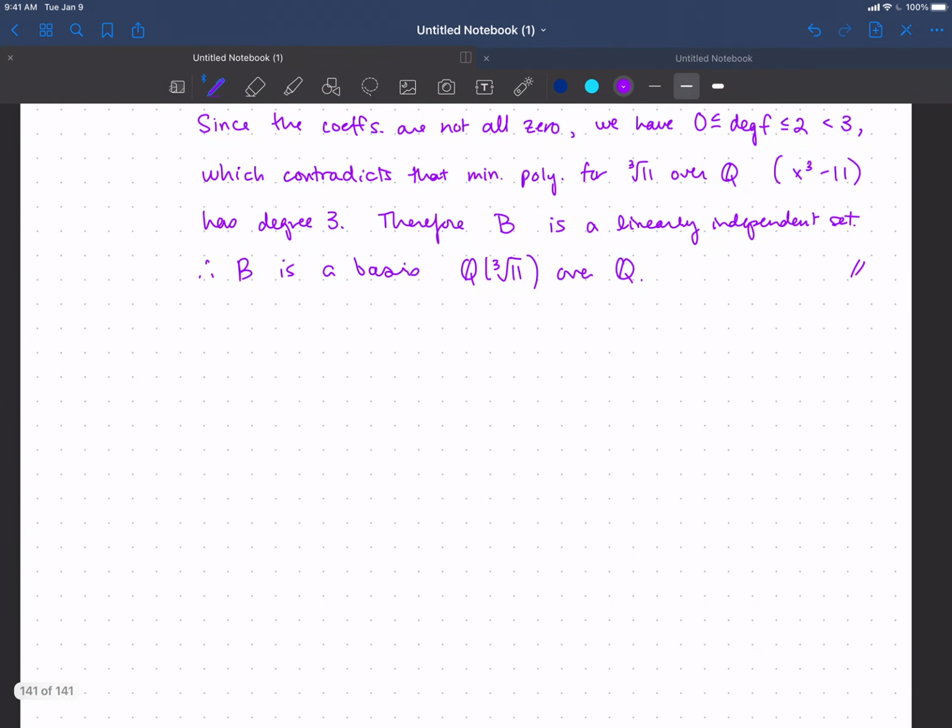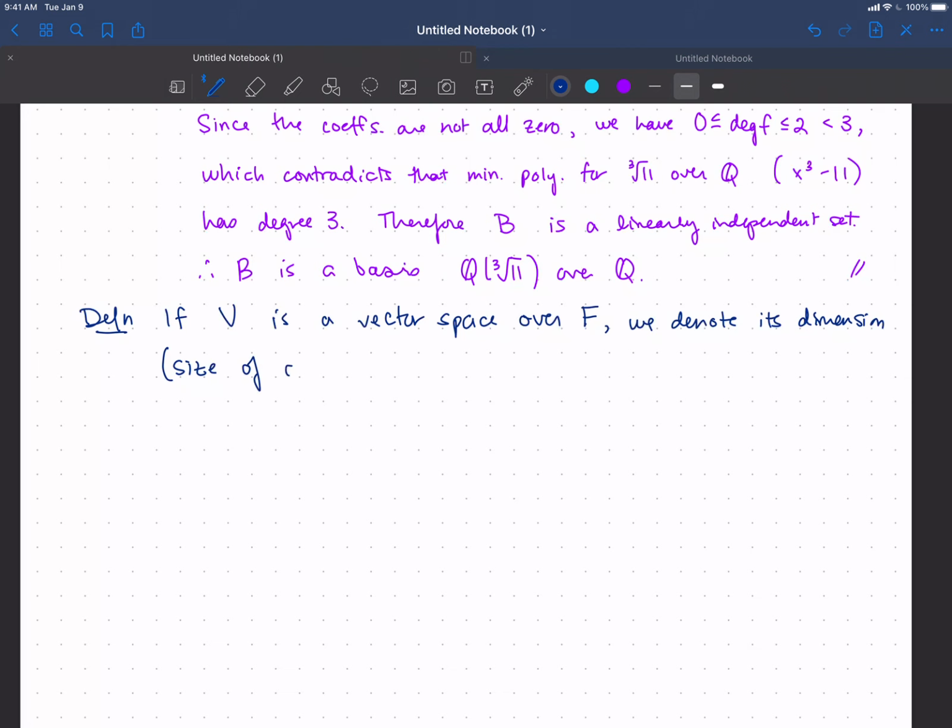So what we did was we found the dimension. And I want to make a definition. If V is a vector space over the field F, meaning the scalars come from F, we denote its dimension, which is the size of any basis, if it has one.